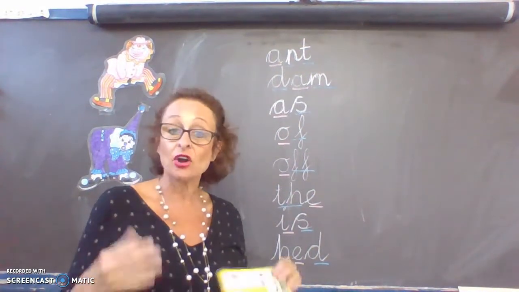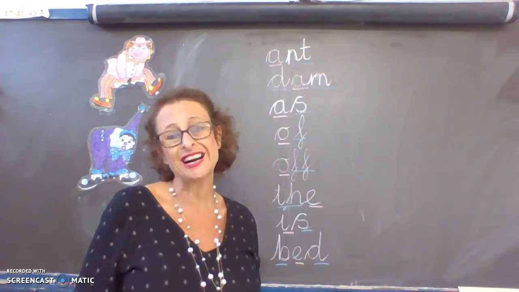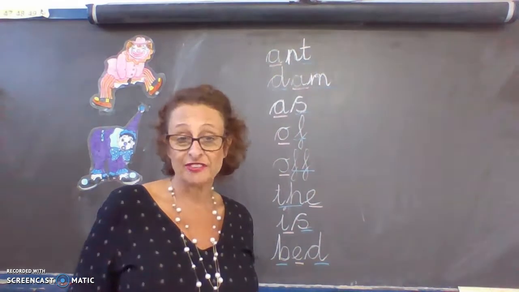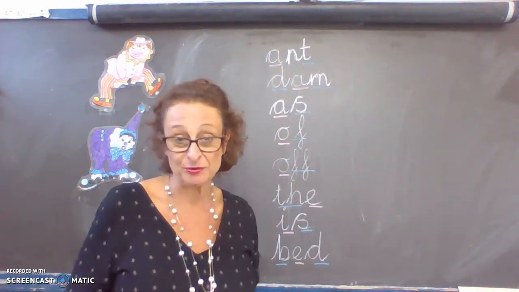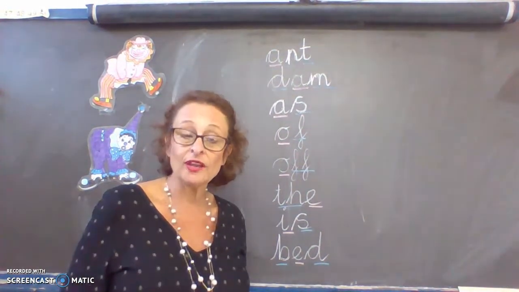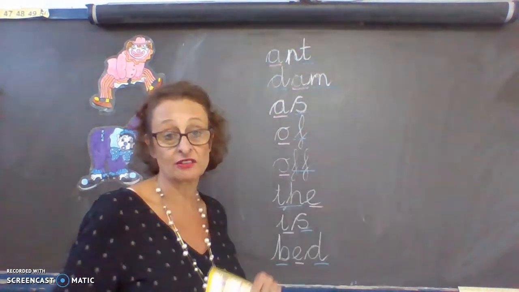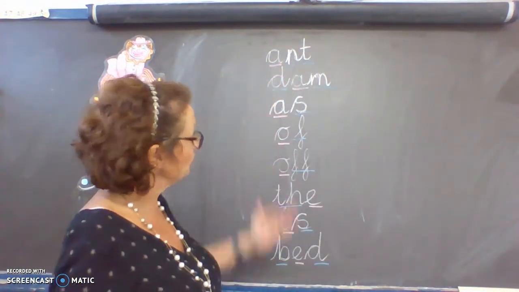There are 44 sounds in the English language, but there are hundreds of spelling choices, or graphemes. What children have to do is learn to make the right choice, and they can look at their THRASS chart to do that.